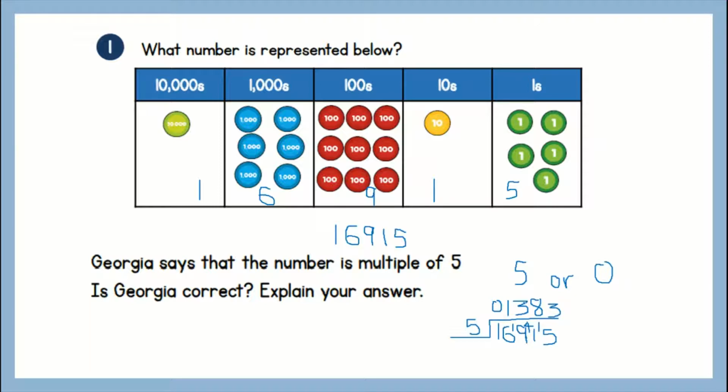So as you can see, it divides easily without a remainder. So our answer here would be yes, Georgia is correct because 16,915 can be divided by 5.